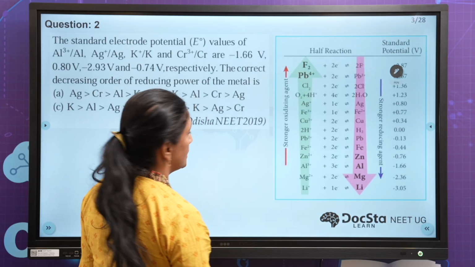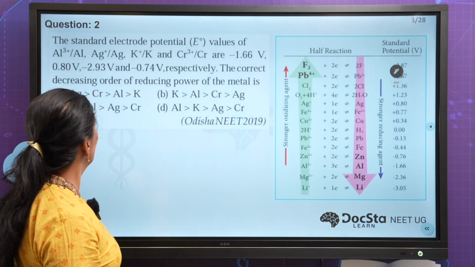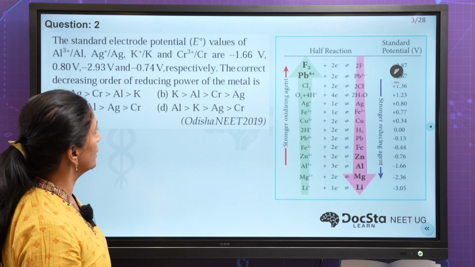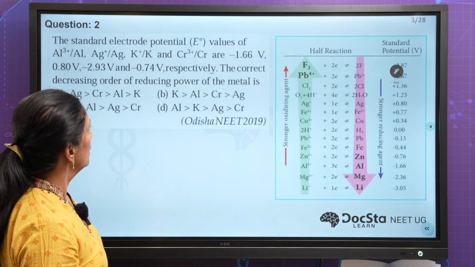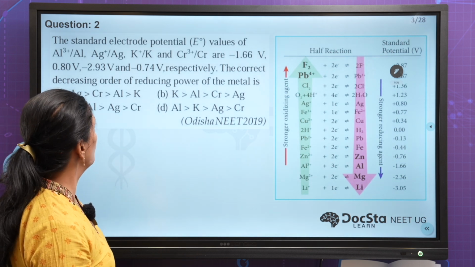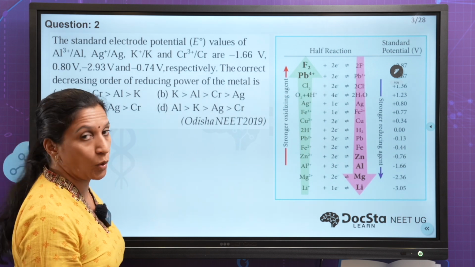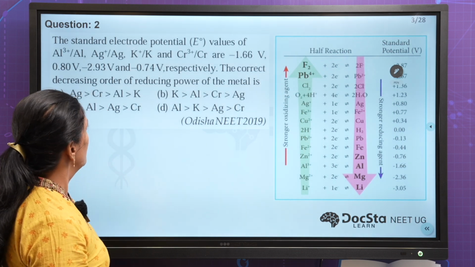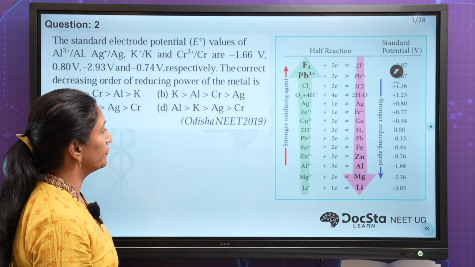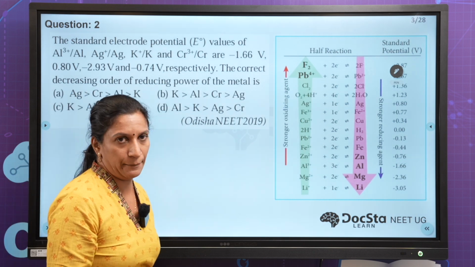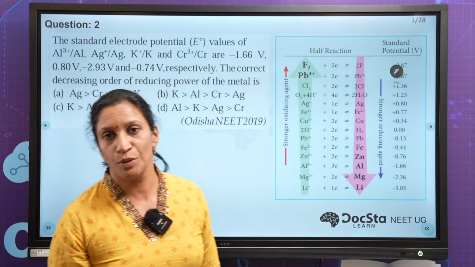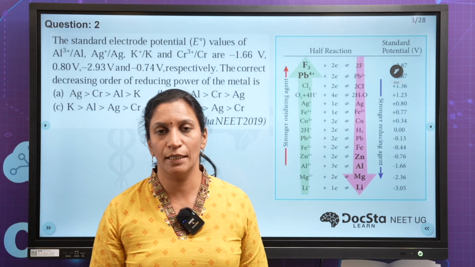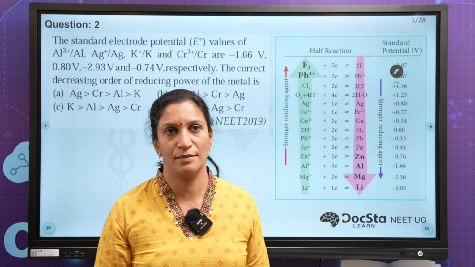So the next question ഇതാണ്, the standard electrode potential E0 values of കുറച്ച് കോമ്പൗണ്ട്സ് തന്നിട്ടുണ്ട്, ലൈക്ക് അലൂമിനിയം, സിൽവർ, പൊട്ടാസ്യം, ക്രോമിയം ഒക്കെ തന്നിട്ടുണ്ട്. The correct decreasing order of the reducing power of the metal എന്നാണ് ചോദിച്ചിരിക്കുന്നത്. അതായത് this is a question relating to the electrochemical series.